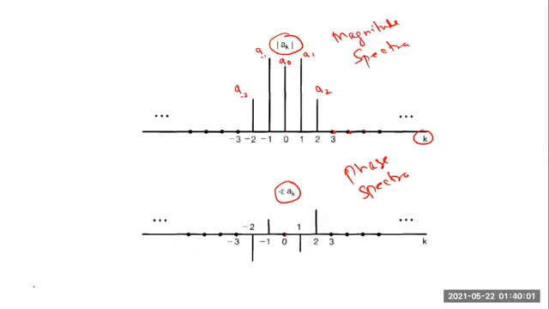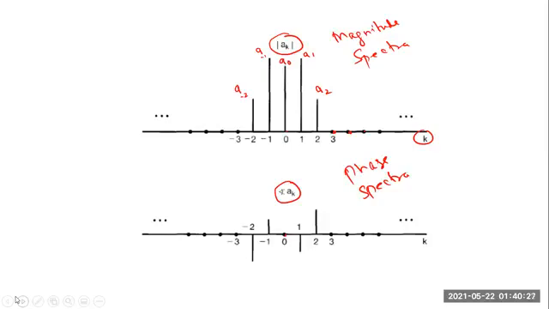Now, another example that is very important from this point of view: when Fourier first introduced this concept of Fourier series, he proposed that any periodic signal will always have a Fourier series.